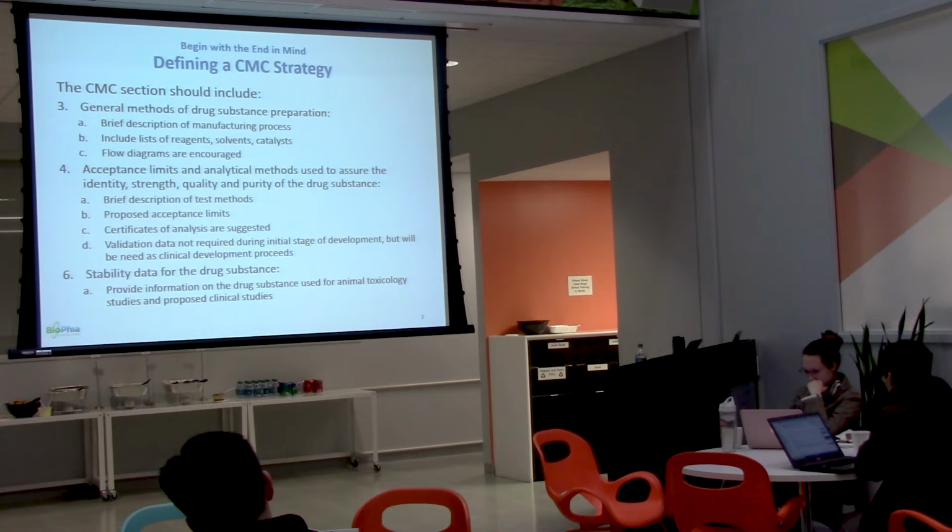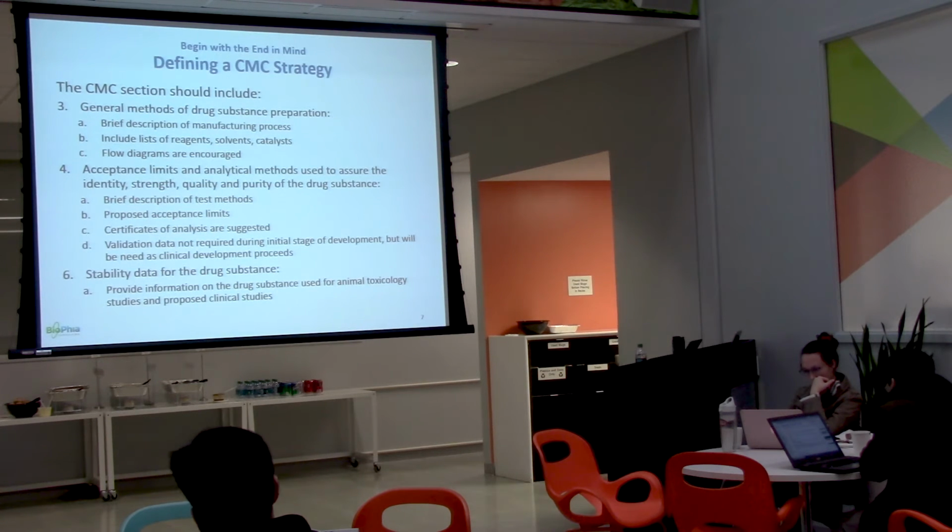So what are the acceptance limits and analytical methods used to assure that you've got what the FDA is requiring in terms of identity, strength, quality, and purity of that drug substance, your actual drug? You briefly describe what those test methods are, and what the acceptance limits are for those different types of tests.